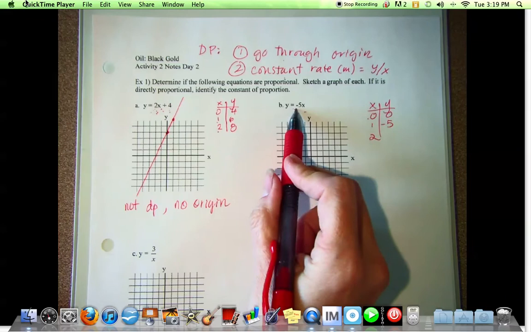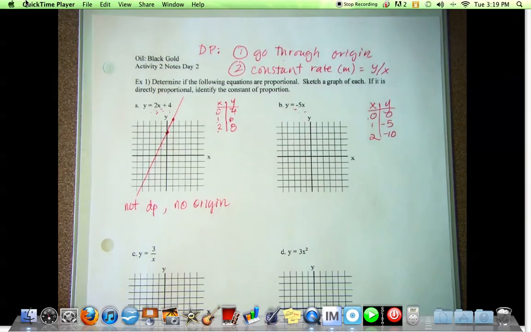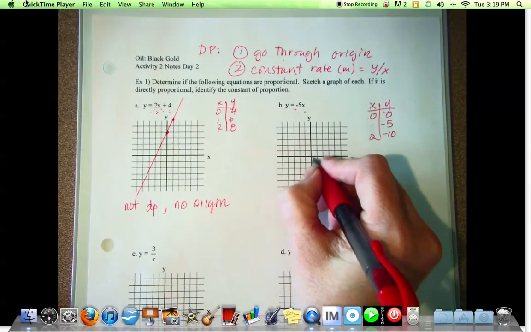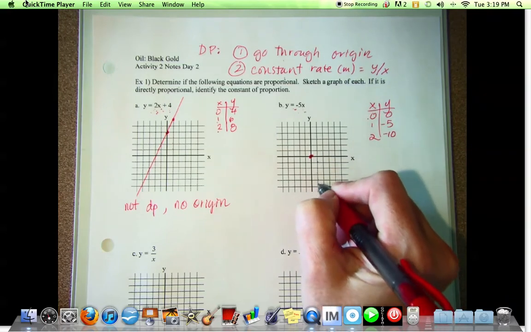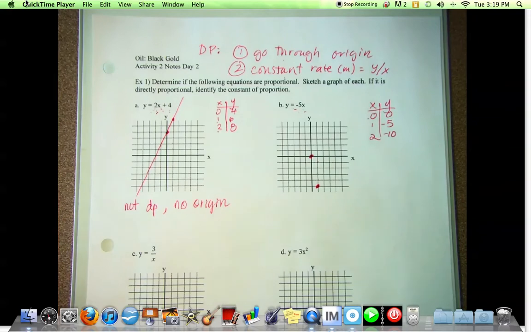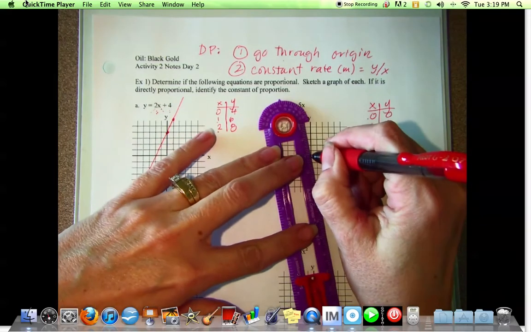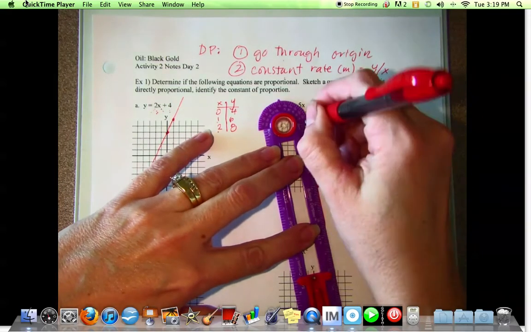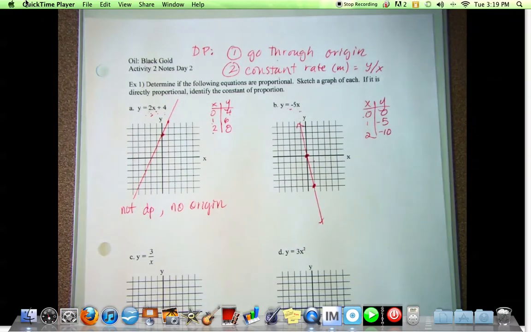And negative 5 times 2 gives us negative 10. Let's graph it. We have 0, 0, 1, and 1, 2, 3, 4, 5. 2 and negative 10 is going to be off the chart. So that's what it looks like.